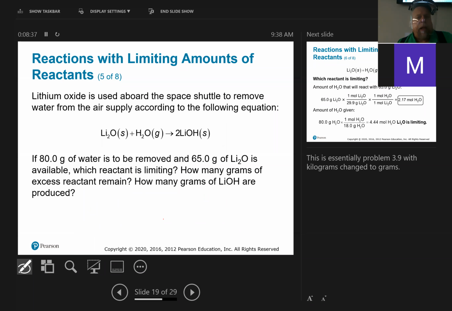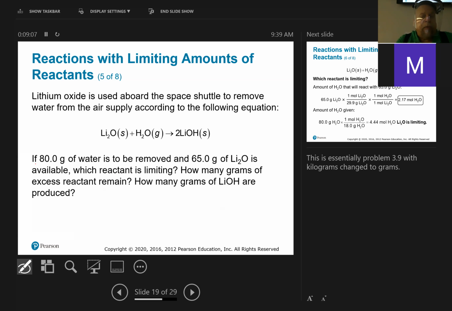Now, lithium oxide is used in the space shuttle to remove water from the air supply according to the following equation. If 80 grams of water is to be removed, and you have 65 grams of lithium oxide available, which reactant is limiting? And again, I'd recommend you do it with both ones. Okay? You start with the 80 grams of water, you convert that to what?